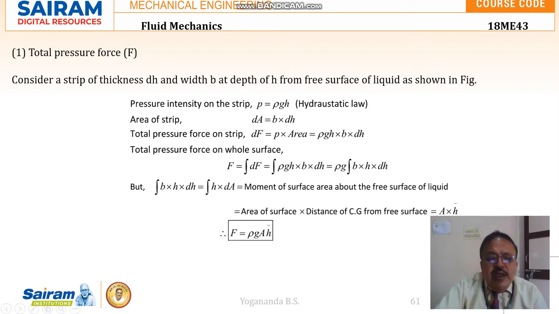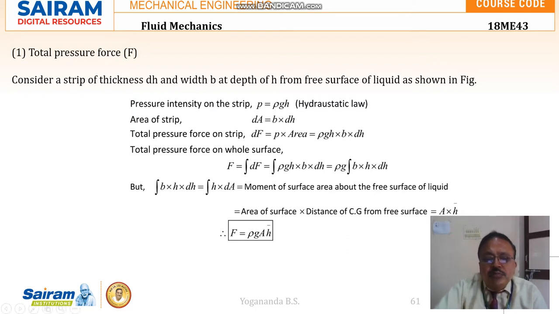B into dH is nothing but the area multiplied by the distance. So that gives the moment of the surface area about the free surface of the liquid.